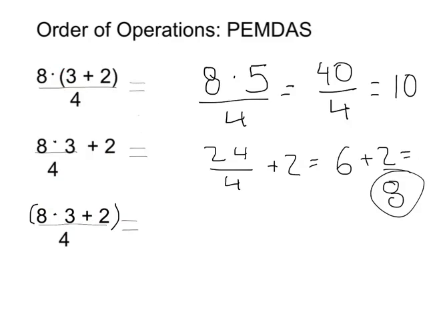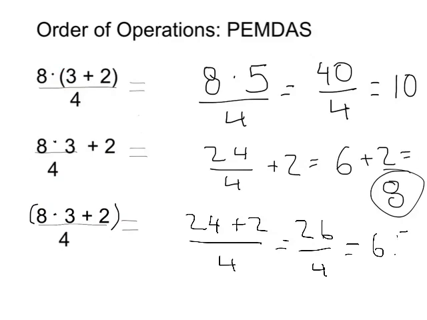So we'll treat this as if it's a big parenthesis, and inside the parentheses we're going to do our multiplication first. So again, the 24 plus 2 over 4. So that is 26 over 4, which if you typed it into your calculator, you would get 6.5.